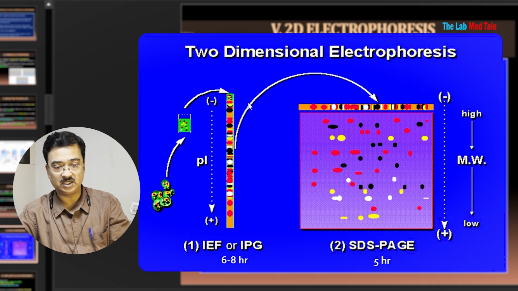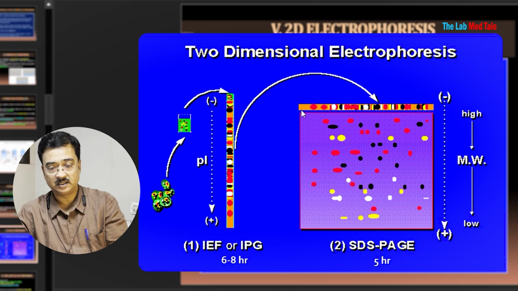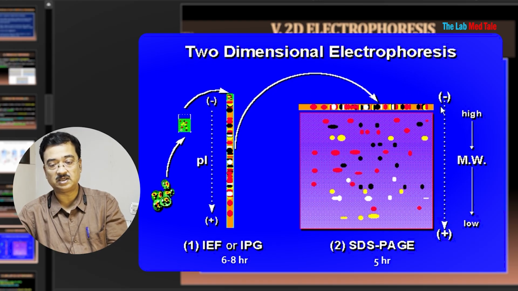You initially placed the molecules here and allowed the run, and they separated as per their isoelectric pH. Fine. You place it here as the point of application, and now run this electrophoresis on SDS-PAGE, mixing with SDS.